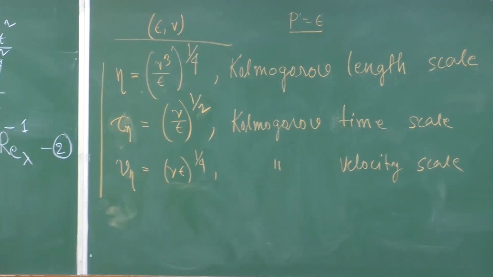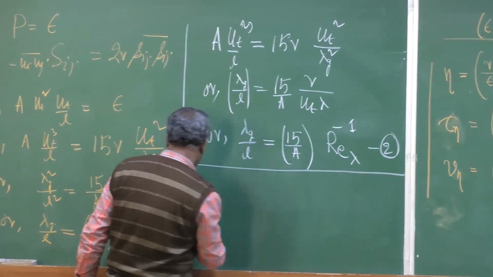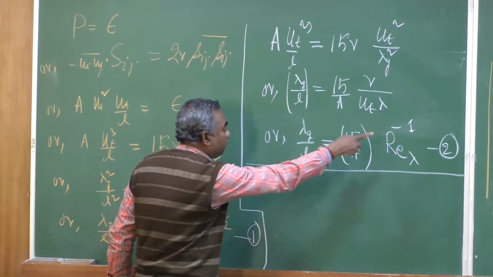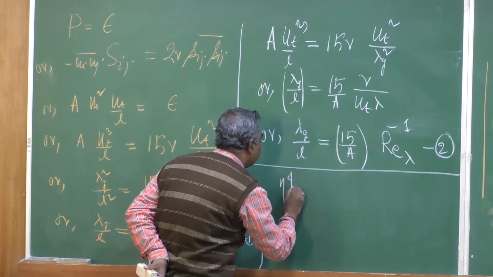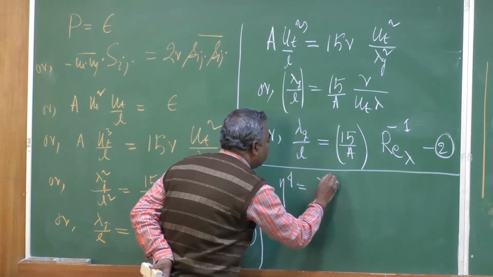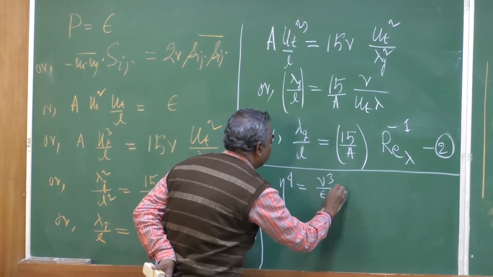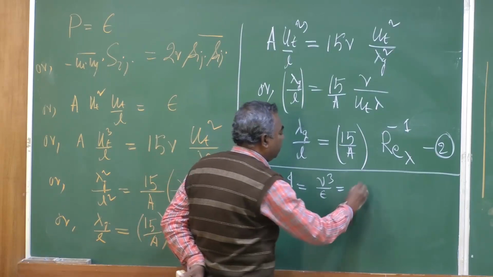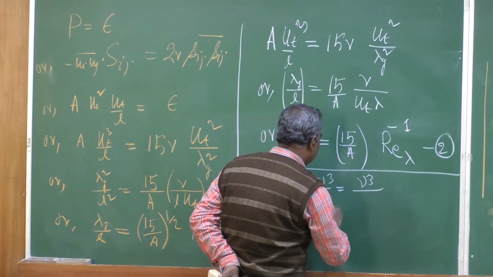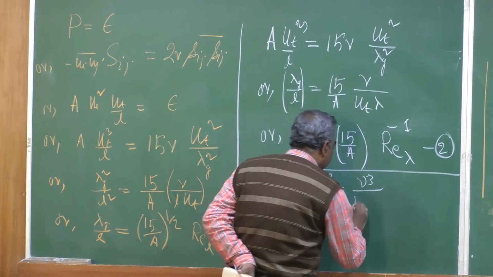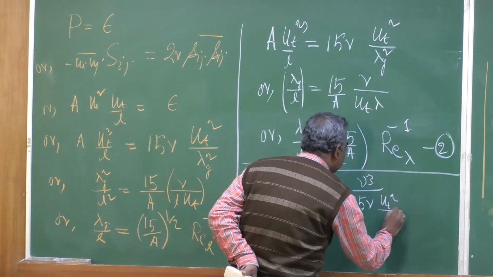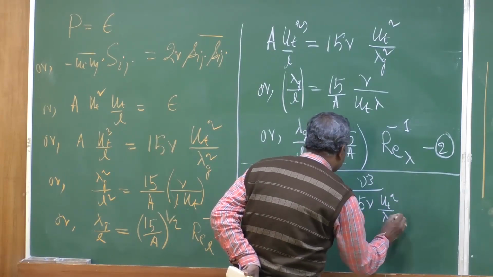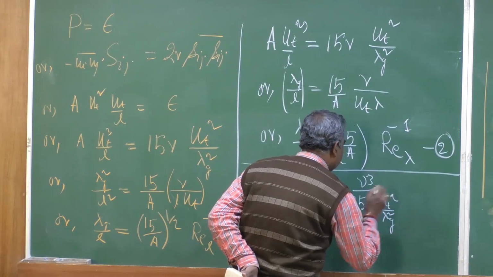We have equation 1, equation 2, and equation 3 we are going to get from there. So, eta to the power 4 is equal to nu cubed by epsilon, which is nu cubed by 15 nu u t square by lambda g square, right.